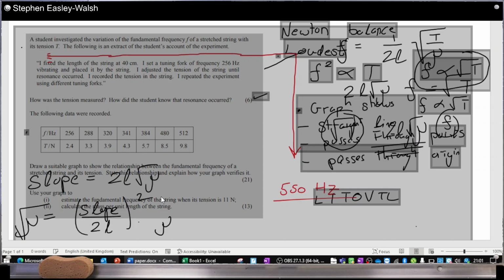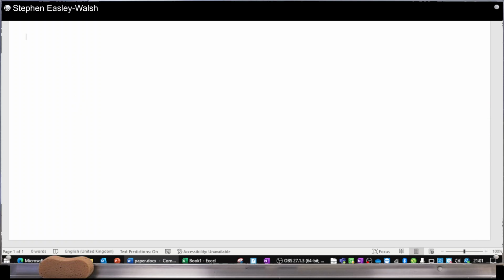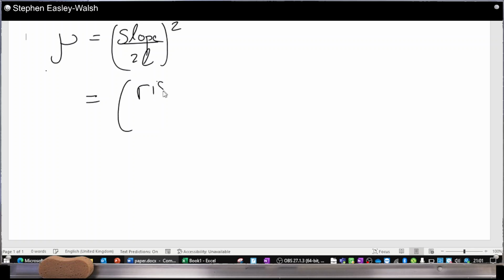So I'll just write that down again. Mu is equal to slope over 2L squared. And you can get the slope. You know the formula for slope. It's the rise over the run over 2L squared.